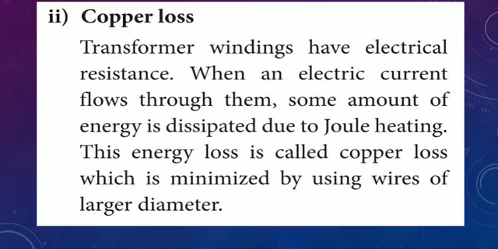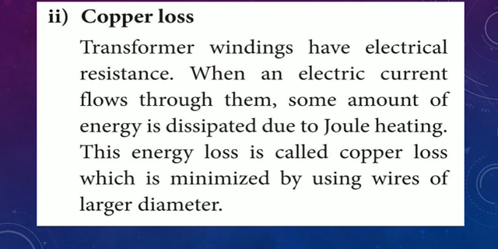Next loss is copper loss. Which loss? Copper loss. Transformer windings have electrical resistance, because the copper has resistance. When an electric current flows through them, some amount of energy is dissipated due to Joule's heating.